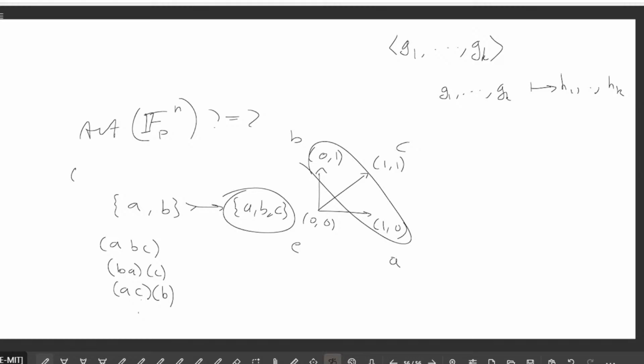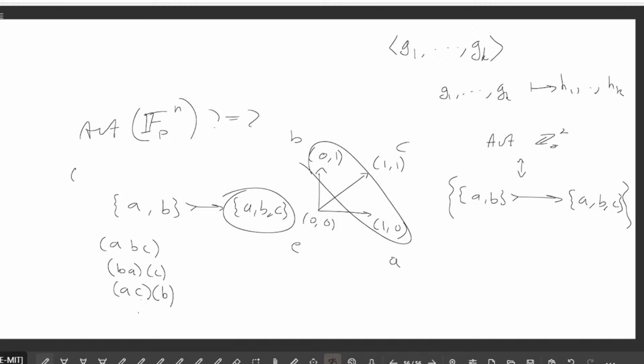So here the automorphisms of Z2 square, that means prime for Z2 square is prime for the group. That's why I'm writing E, A, B, C. They are in one-to-one correspondence with the set of injections from AB to ABC.